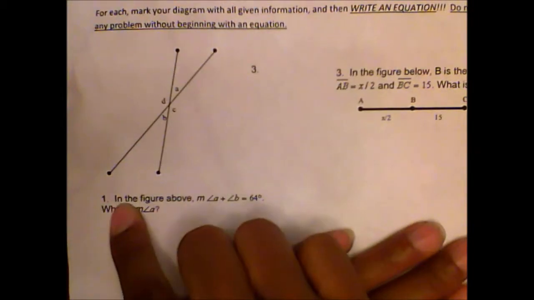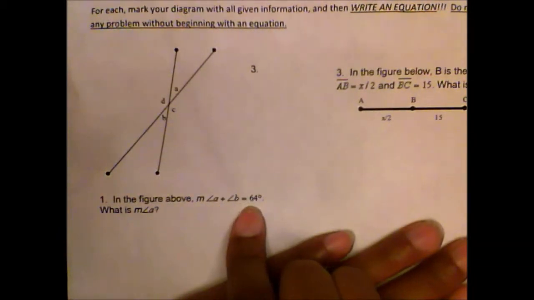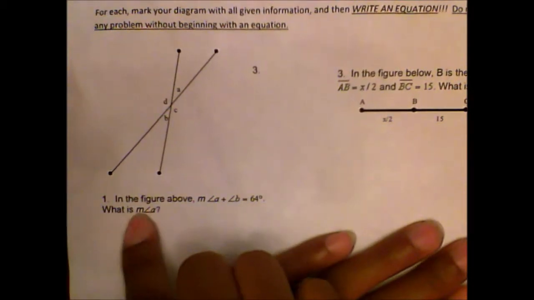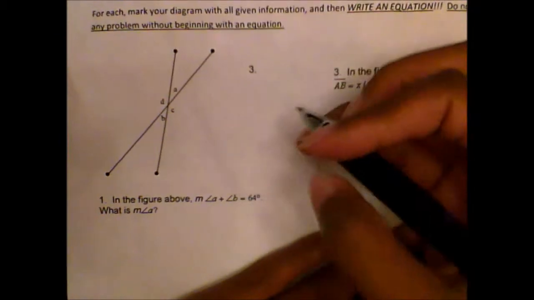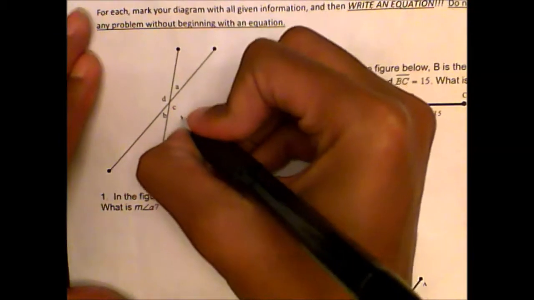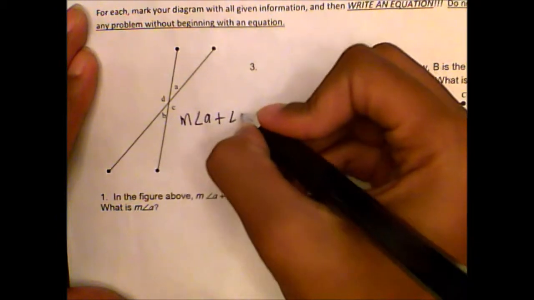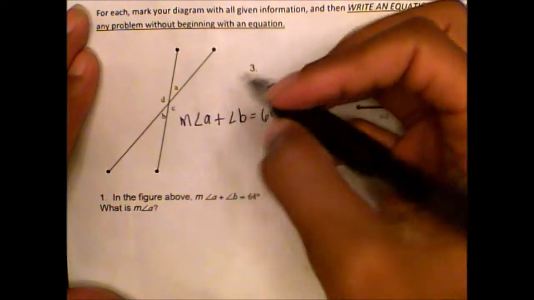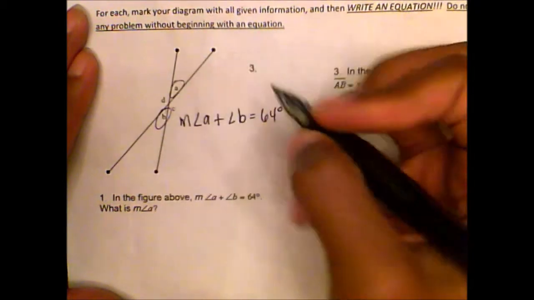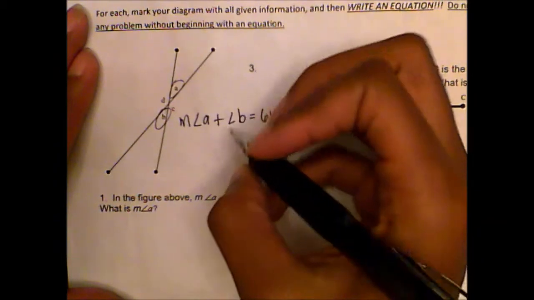Number 1 says, in the figure above, the measure of angle A plus the measure of angle B equals 64 degrees. What is the measure of angle A? When I look at A and B, I notice that they're vertical angles, and since they're vertical angles, they're most likely going to be congruent to one another.